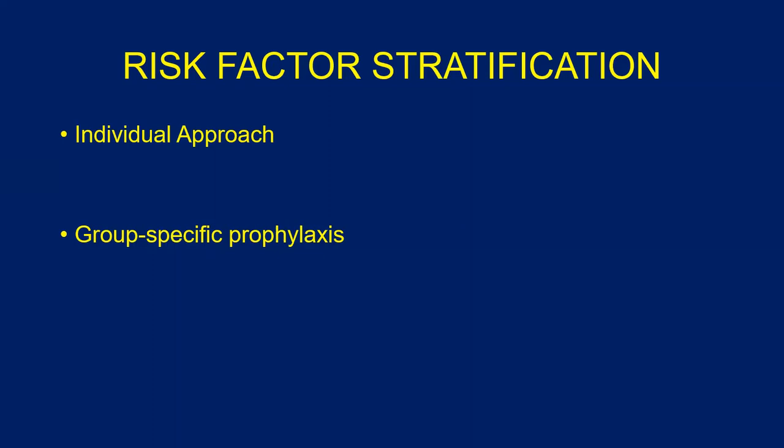Now, when you look at a group-specific approach, for most patient groups, a sufficient number of randomized controlled trials are available to allow strong recommendations in regard to the benefits and risks. So based on the above, do we have any guidelines? Well, yes, we do.